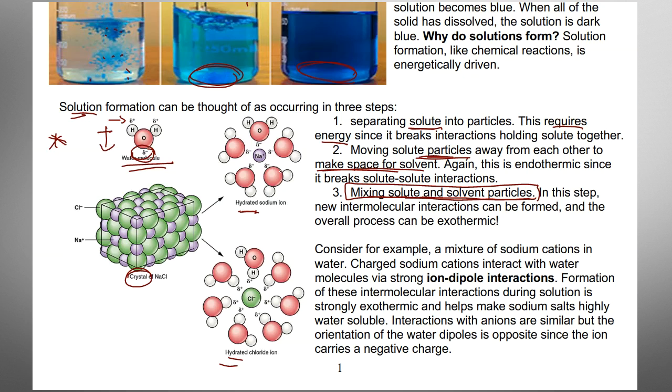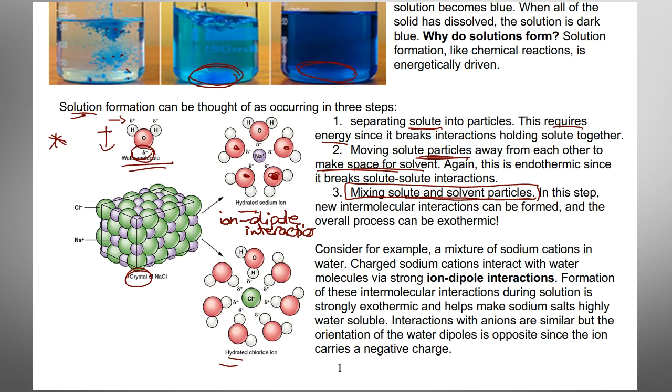So you can see in all cases, the oxygen atom is oriented towards the sodium cation. Why should that happen? The oxygen atom is carrying a partial negative charge. The sodium cation is carrying a full positive charge. So this is an example of an ion dipole interaction.